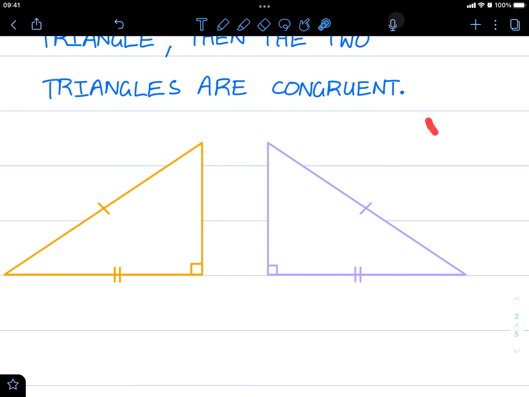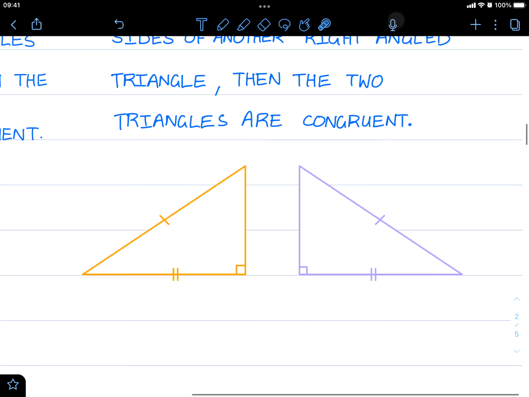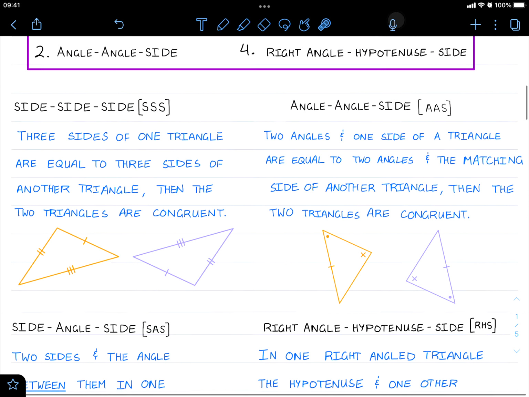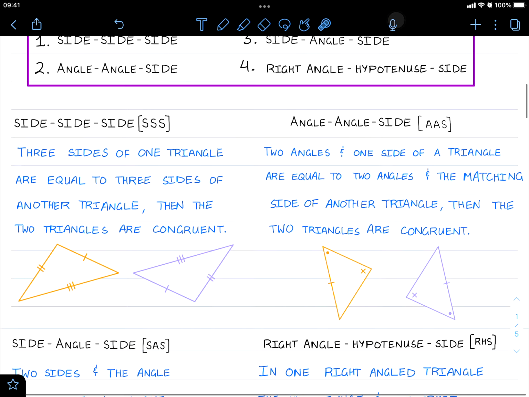It has to match the same position or the corresponding sides in both right angle triangles. So going over again, we have side, side, side; angle, angle, side; side, angle, side; and right angle, hypotenuse, side, RHS.